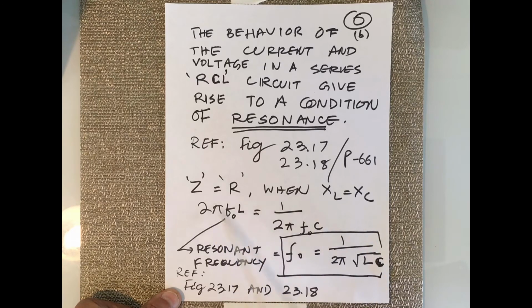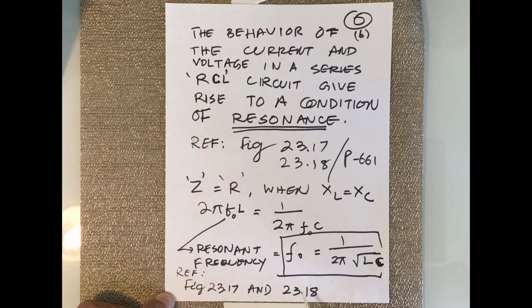So we can equate this here as you see, 2 pi F0 L equals 1 over 2 pi F0 C. They are equal, or inductive reactance and capacitive reactance are equal. Now from there we find out F0, which is 1 over 2 pi square root of L times C. This factor 1 over 2 pi square root of L times C is known as the resonant frequency.